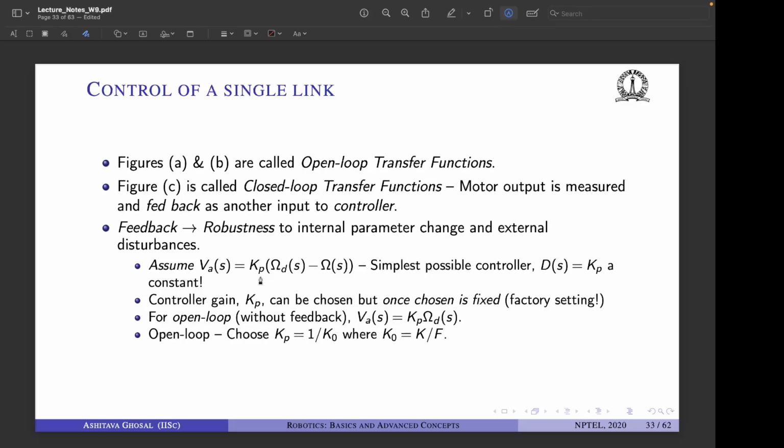So we assume that VA is Kp times, so this is the simplest possible controller: whatever the error between the reference and the actual, we multiply it with some constant Kp, and that is our controller, right? So VA is equal to Kp times the error. If the error is more, then we apply more voltage. If the error is less, then we apply less voltage.